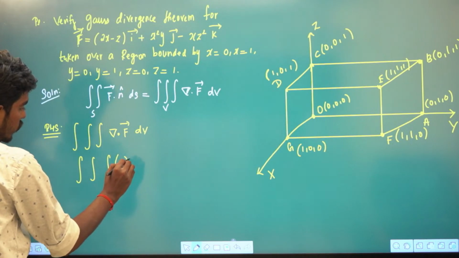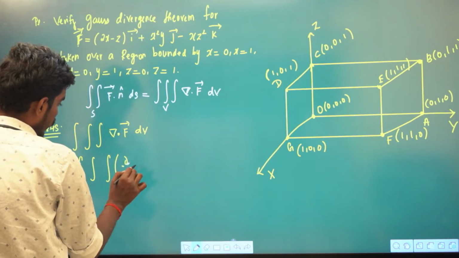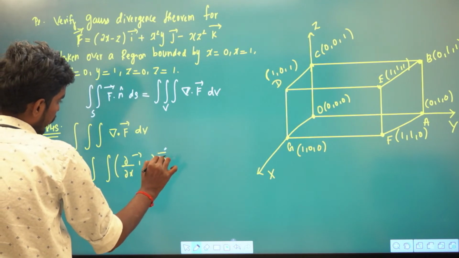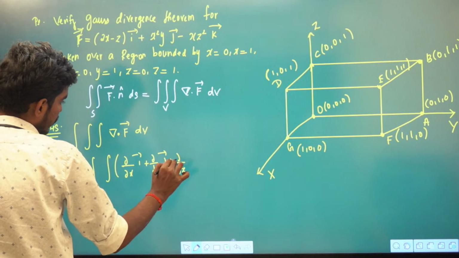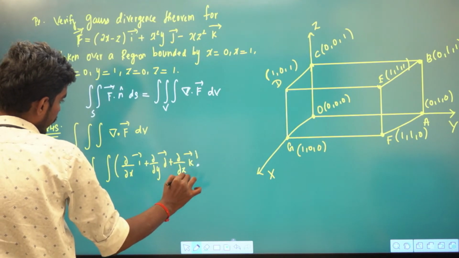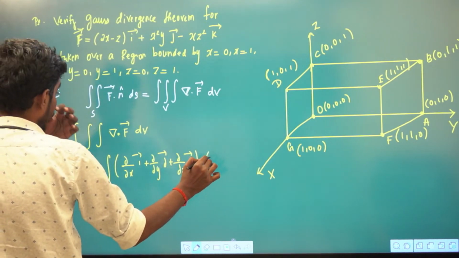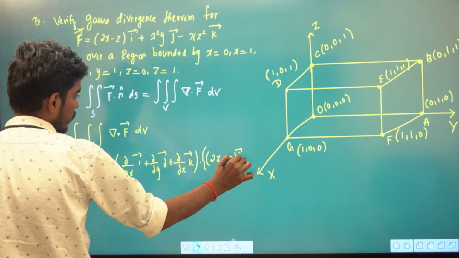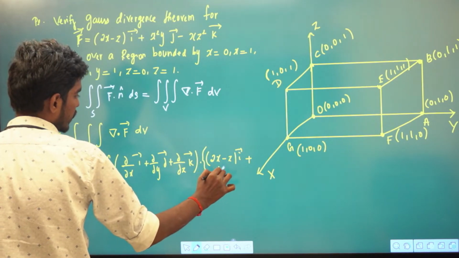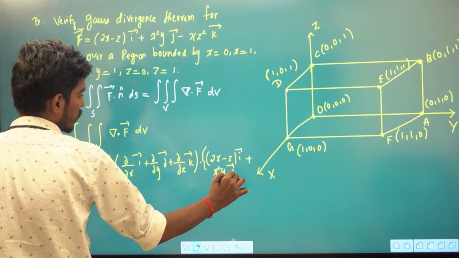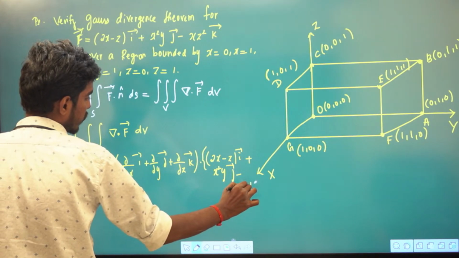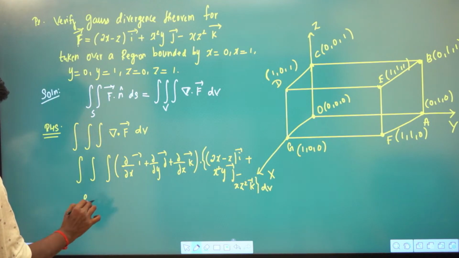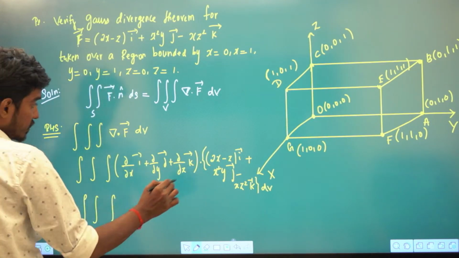Del is dou by dou x i vector plus dou by dou y j vector plus dou by dou z k vector, dot F. So F is 2x minus z i vector plus x square y j vector minus x z square k vector, dV is dx dy dz.